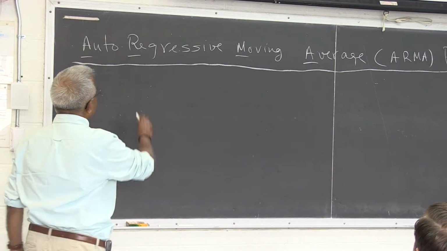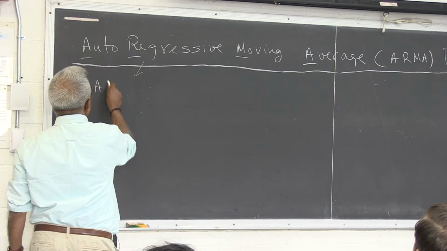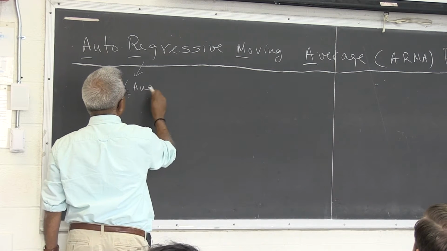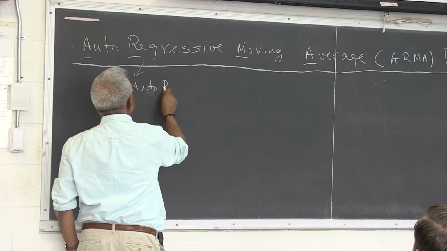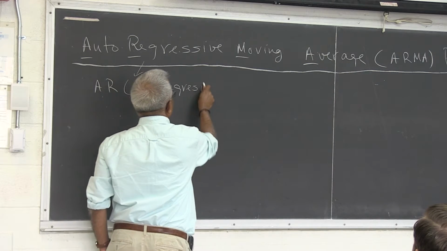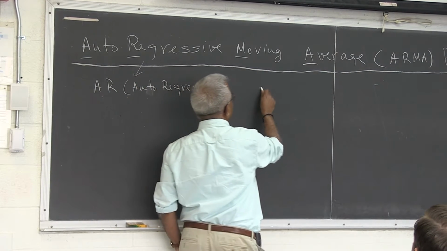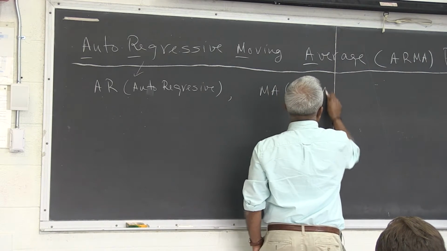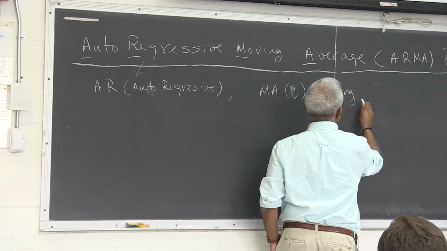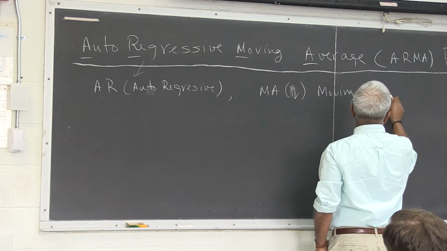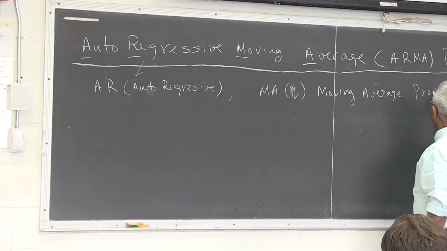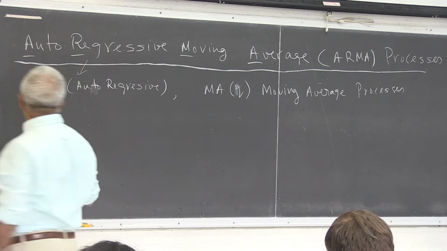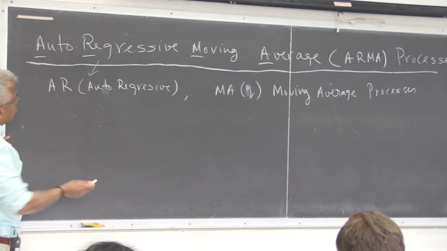There are two special cases of this also, AR or autoregressive processes, and there are also moving average processes. So the best way to introduce them is to specifically show you what we mean by this.